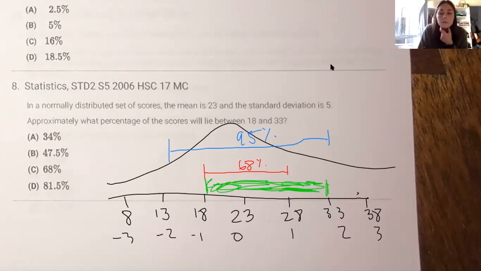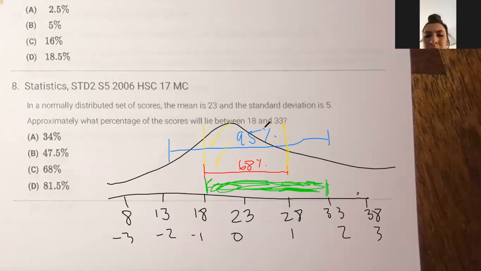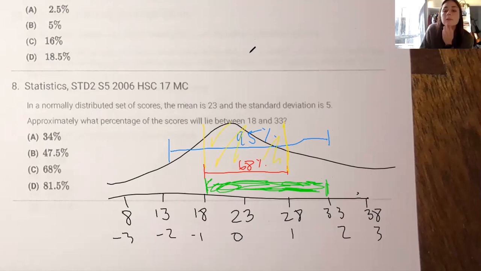So how can I explain? So we've got the 68% in here, in the yellow part. And so if we do 95, I shouldn't do it in yellow because that's hard to see. If we do 95 minus 68, that will tell us how much is left over on the blue.